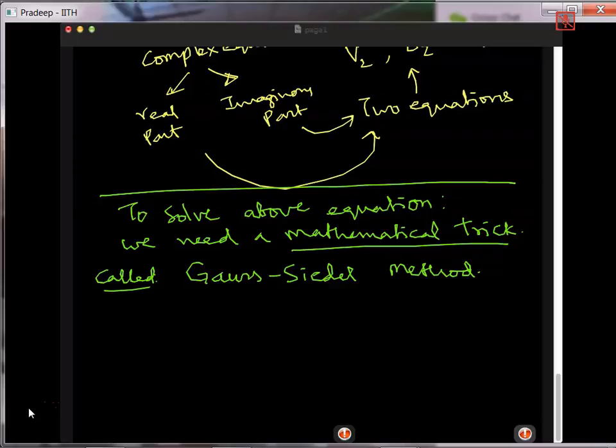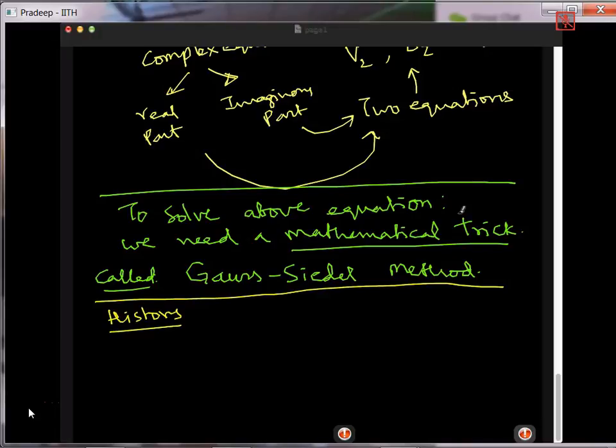Just before we go into the method, I'll give the history. If you go to Wikipedia, you can find these details. Johann Carl Friedrich Gauss, the name of a German mathematician.